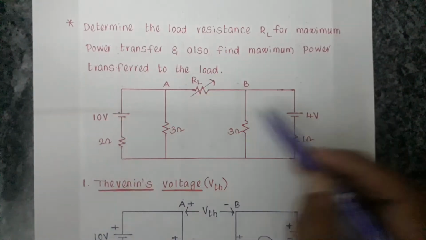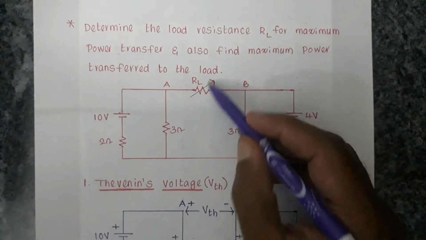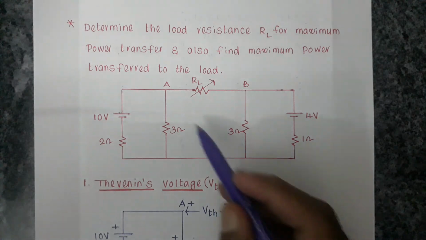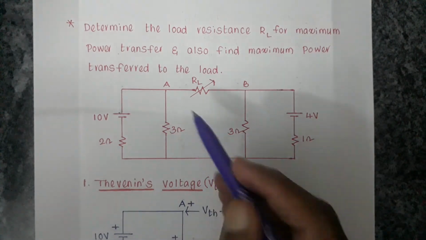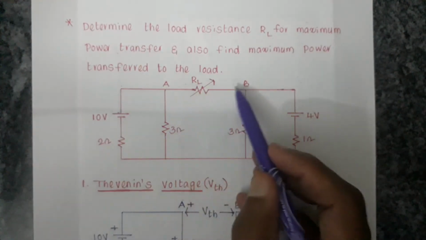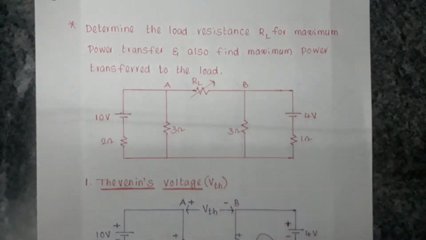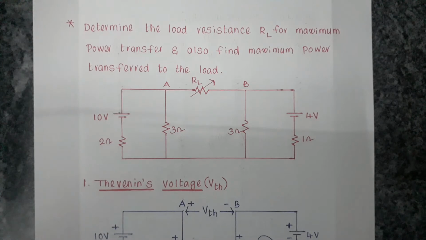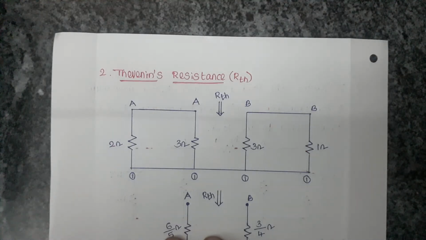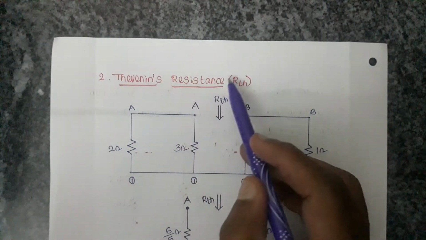So short circuit this and short circuit this. After removing RL, it becomes a pure resistive circuit, and we have to find the resistance between AB, which is called Thevenin's resistance.